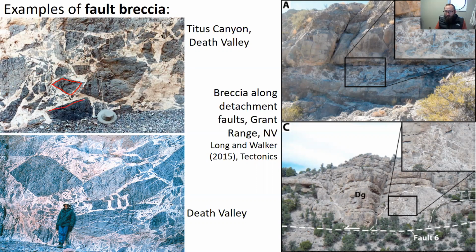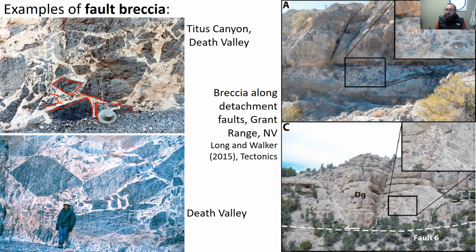Okay, so we can see in this picture, even though there is a lot of matrix, there's much less matrix, less than 30%, relative to our angular clasts. And even though from this picture it doesn't necessarily look like it, these are clast supported by and large.